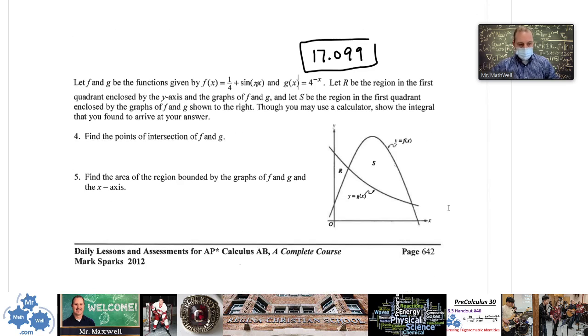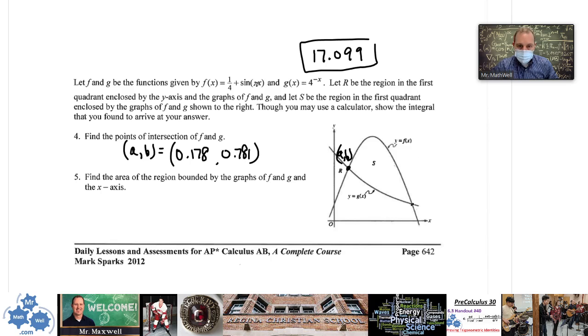For number 4 and 5 here, points of intersection, and we'll do this on Desmos or our graphing calculator. This first point, we'll name that point AB. That's going to be 0.178 and 0.781.